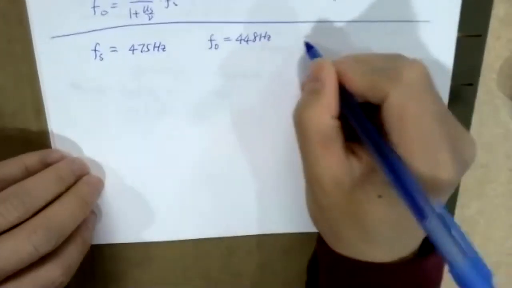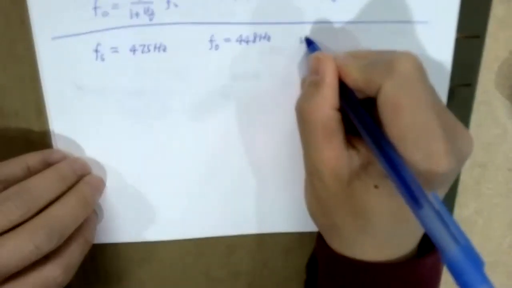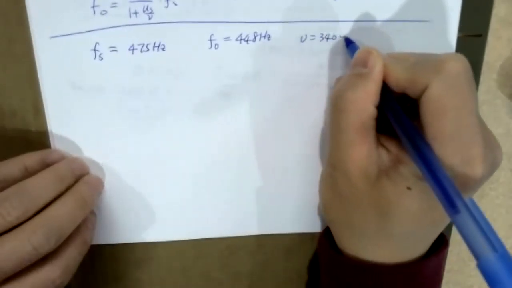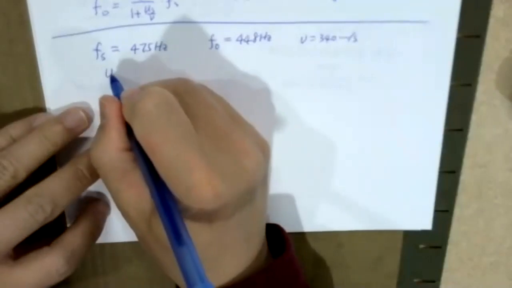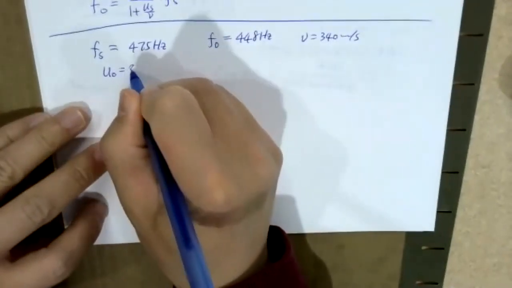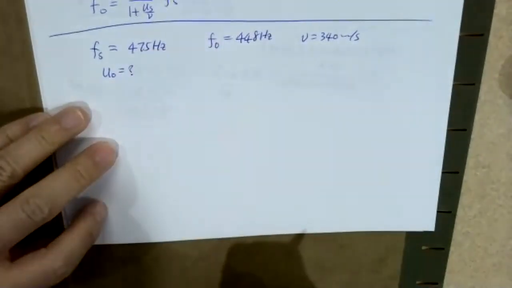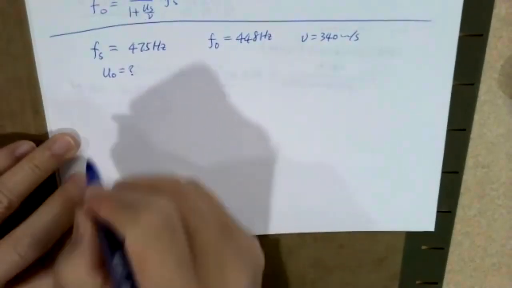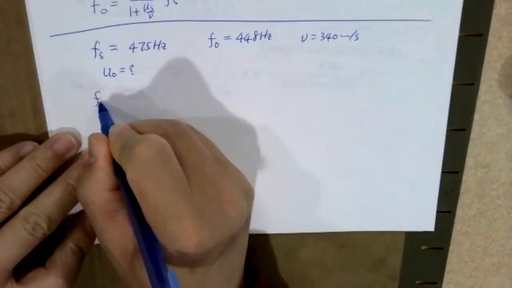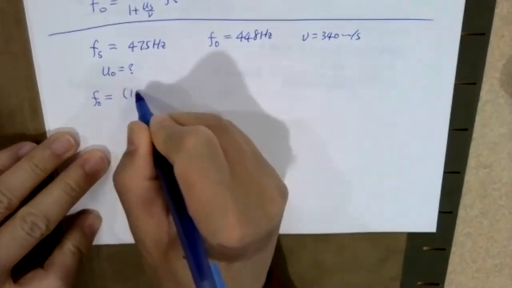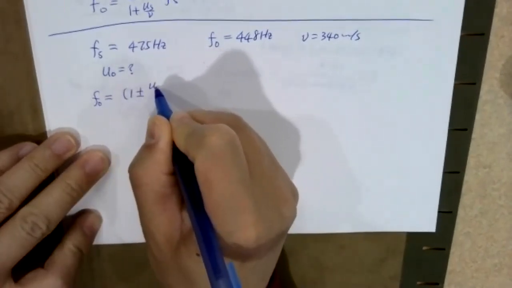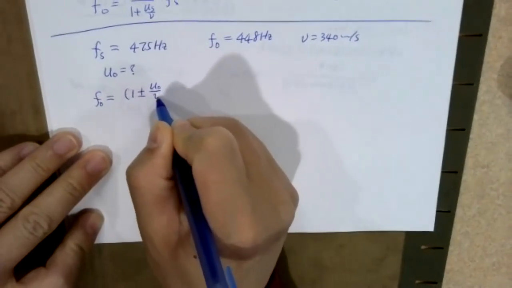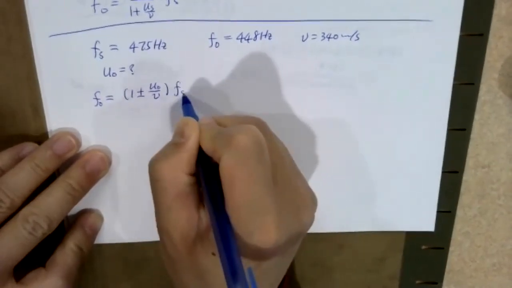The speed of sound v is again 340 meters per second. It's asking what the speed of the observer is, which is moving away. So the equation to use is f_o equals 1 plus or minus u_o over v, times f_s.